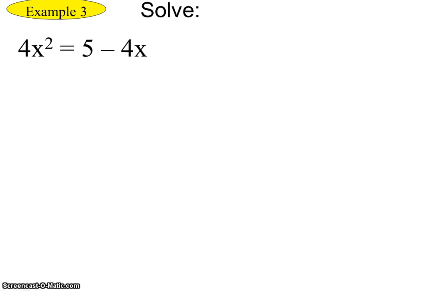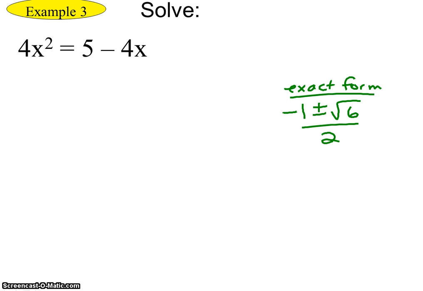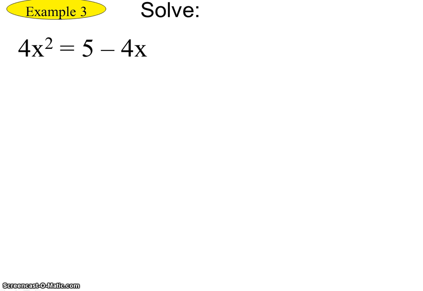For example 3, I would like you to push pause and see if you can get the answer of negative 1 plus or minus square root of 6 all over 2. This is considered the exact form. I would like you to leave it in exact form, please. Okay, so go ahead and push pause. So hopefully your work looks something like this.